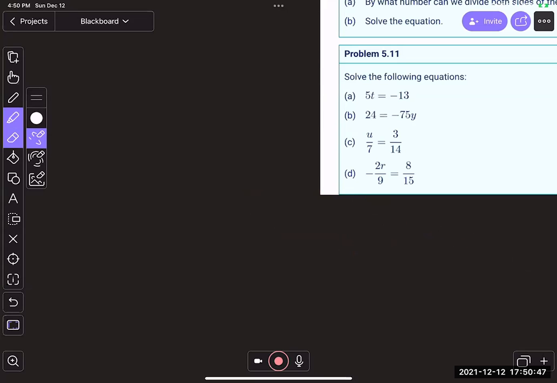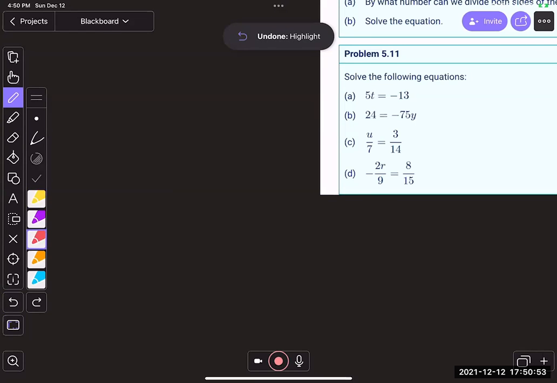All right, problem part B. 24 equals -75y. How do we solve for y here? Evan. How do we solve for y?